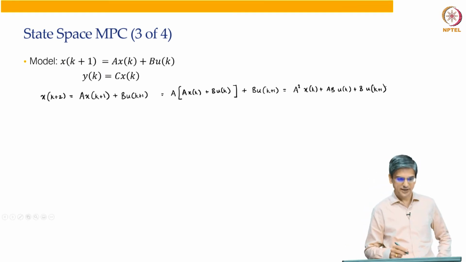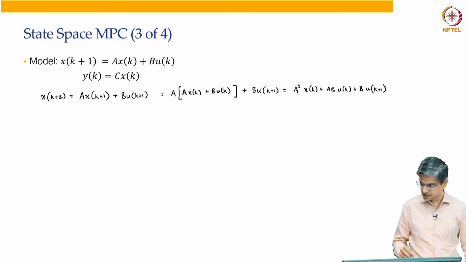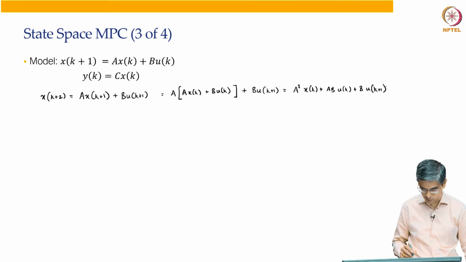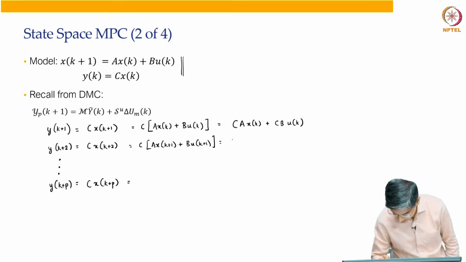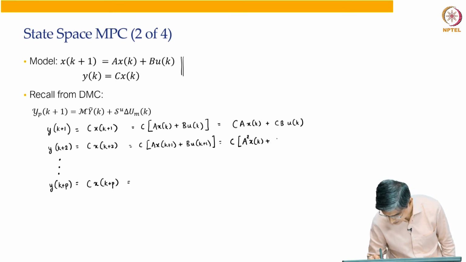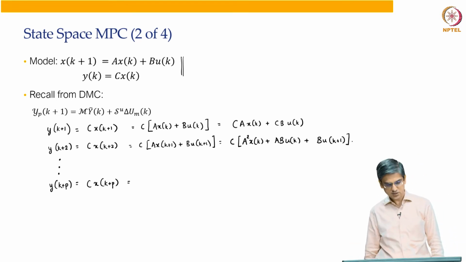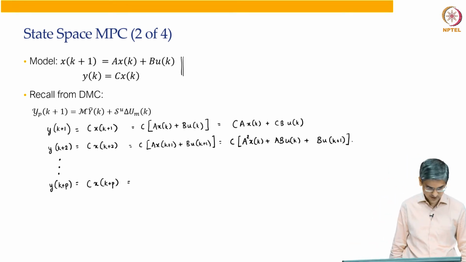Okay. This is what x(k+2) is going to be. Okay. So, let us put this in: A squared x plus ABu plus Bu. Okay. So, C times A squared x(k) plus ABu(k) plus Bu(k+1). Okay. So, this is what our y(k+2) is going to be.